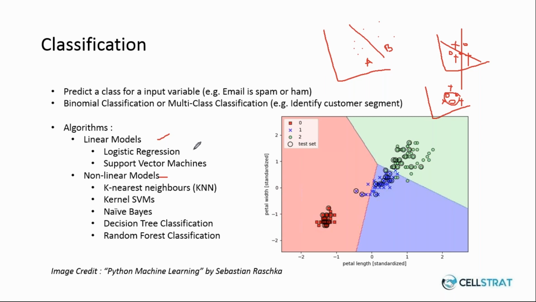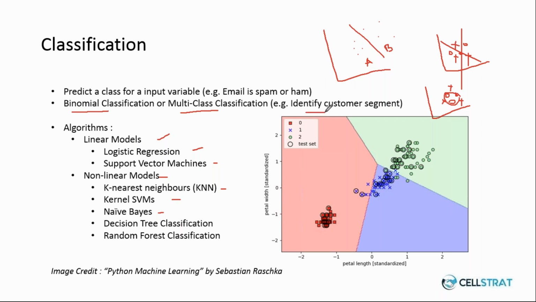For linear models, we can use logistic regression or support vector machines. For non-linear models, we can use k-nearest neighbors, kernel support vector machines, naive Bayes, decision tree, or random forest. These are the names of various popular machine learning algorithms used in classification applications. There could be two classes, which is binomial classification, or multiple classes, which is multi-class classification.